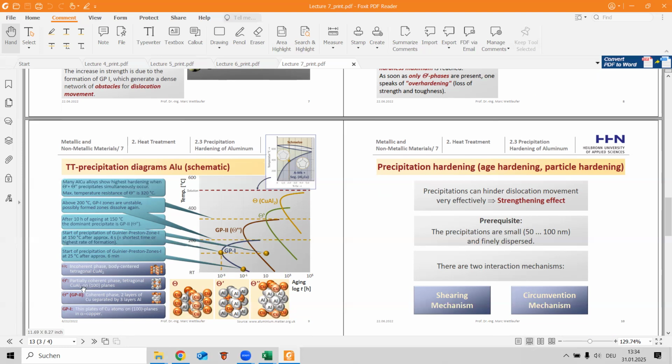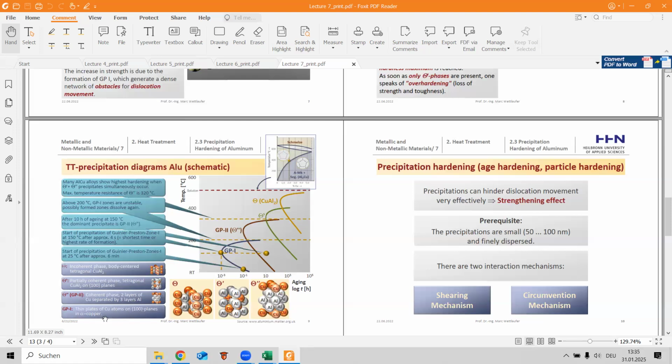And here we have a scheme of theta phase, an incoherent phase, body centered tetragonal. So theta prime, delta prime, partially coherent phase, tetragonal. Theta double prime, GP2 zone, coherent phase, 2 layers of cuprum separated by 3 layers of aluminum, and GP1 is in plates of cuprum atoms.